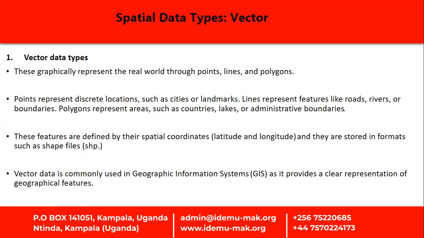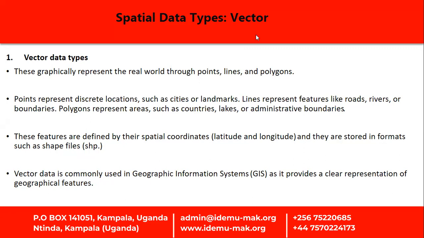These polygons usually show areas, countries, lakes. When roads are joined together, they show an area, like a location, a village. So for vector data, we usually use spatial coordinates.